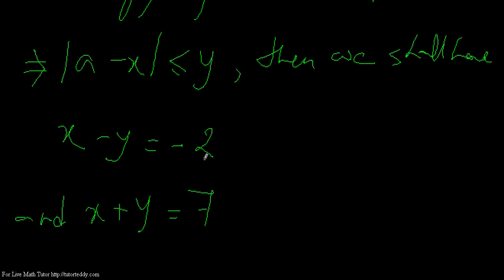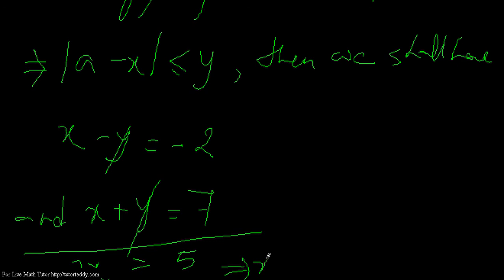And if we solve these two equations simultaneously, suppose we add them, then minus y plus y gets cancelled, x plus x gives 2x equals minus 2 plus 7, that means 5. This implies x equals 5 by 2.